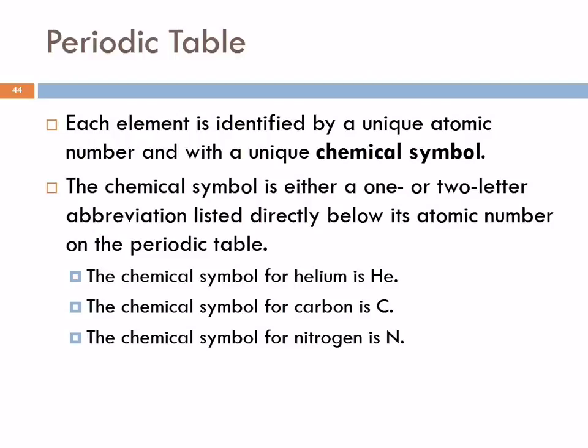Each element has a unique atomic number, and it also has a unique chemical symbol. And I've already made you memorize a whole bunch of those, right? Those chemical symbols are 1 or 2 letters. The first letter is always capitalized. The second letter is never capitalized.